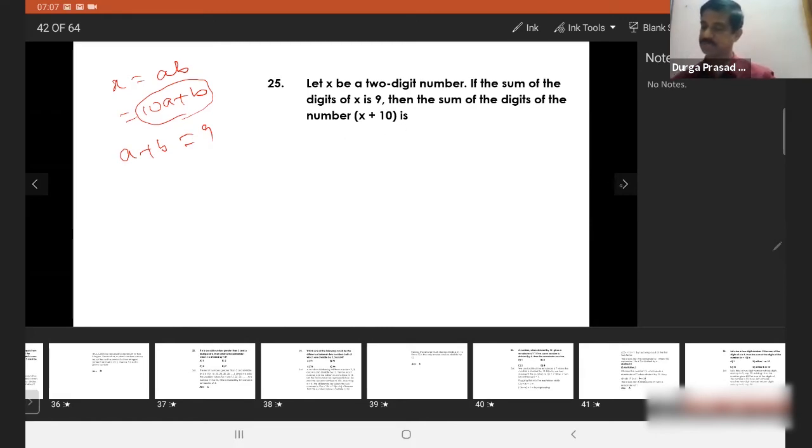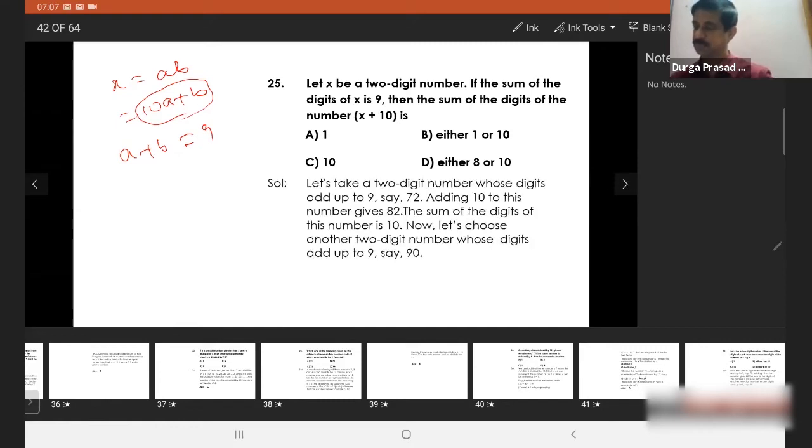So now look at this. If you take the two digits and add them up, A plus B equals 9. So it should be 9, meaning what? 72, where 7 plus 2 is 9. Or 63 or something like that.